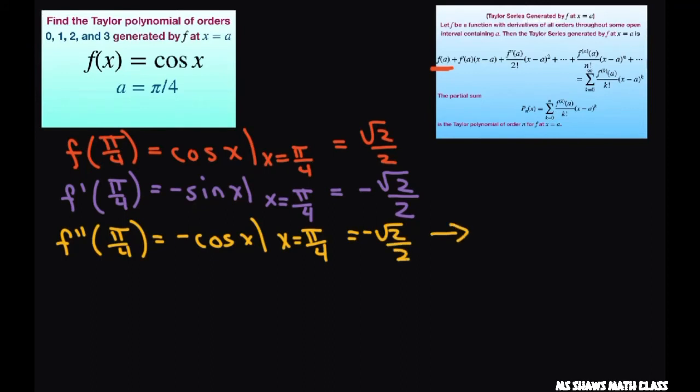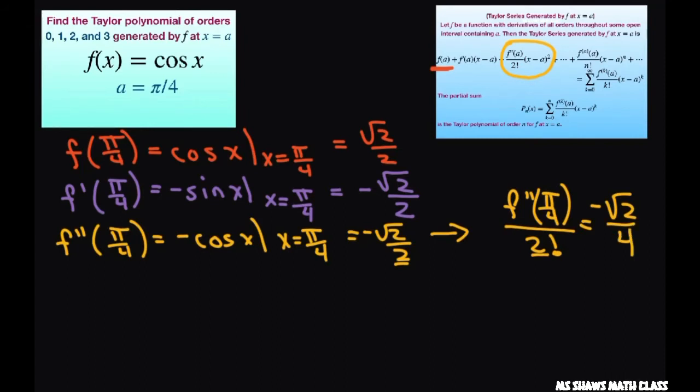Now, at this second one here, remember, we have to divide by 2 factorial. So really what we're going to get is f double prime of pi divided by 4 divided by 2 factorial. So this is just going to be negative square root of 2, and then when you multiply 2 times 2, you're going to get 4.